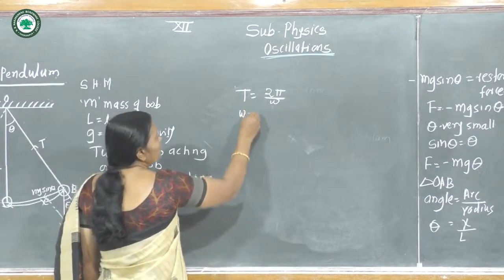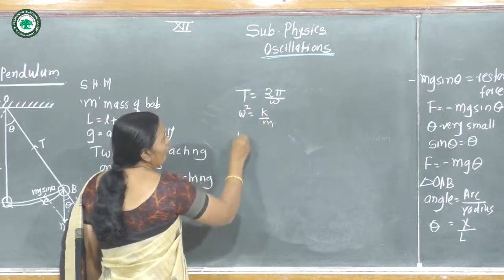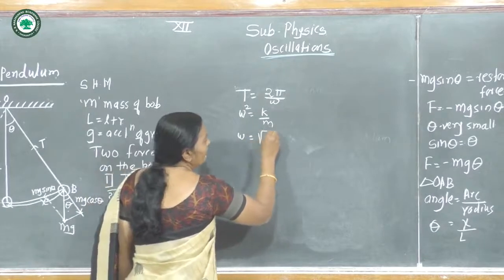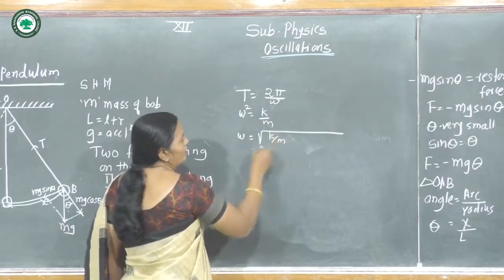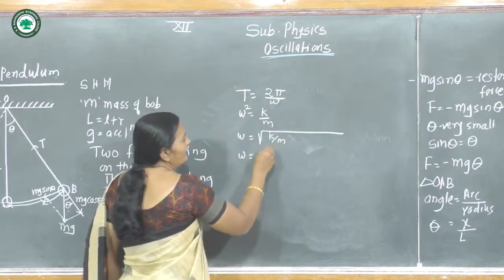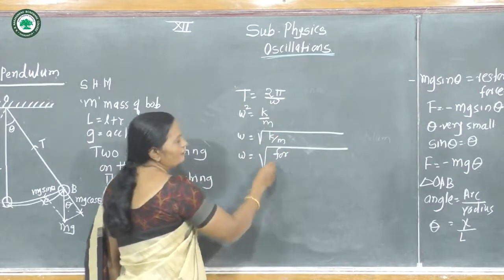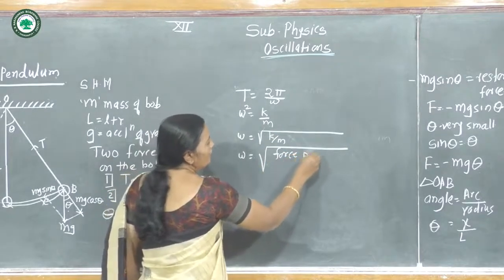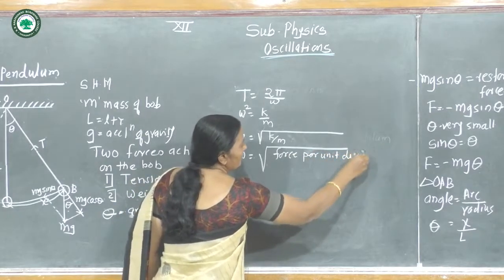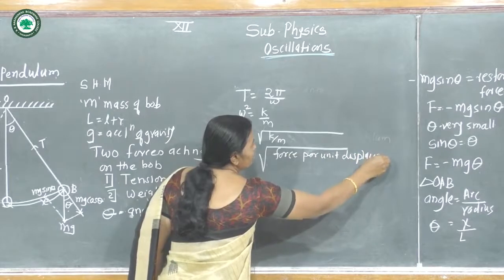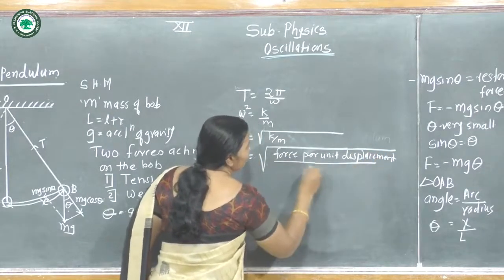Then omega square is equal to k upon m, so omega is equal to the square root of k upon m, where k is the force constant. That is, omega is equal to the square root of force per unit displacement divided by mass.